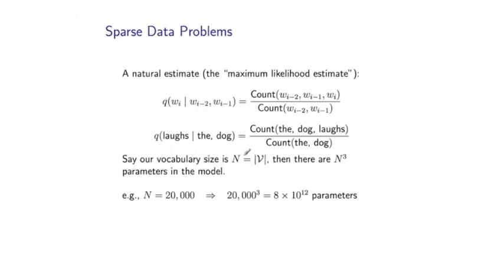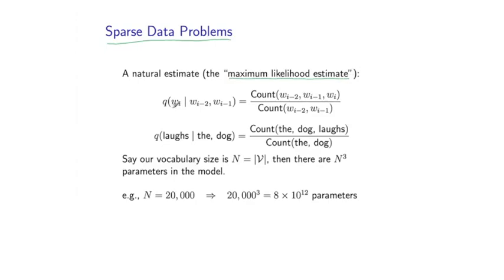So just to recap, one of the primary challenges involved in estimation of trigram language models is the sparse data problem that I described earlier in the lecture. So let's just go over this argument again. A very natural estimate for a trigram language model is what is called the maximum likelihood estimate. So the general form is as follows.